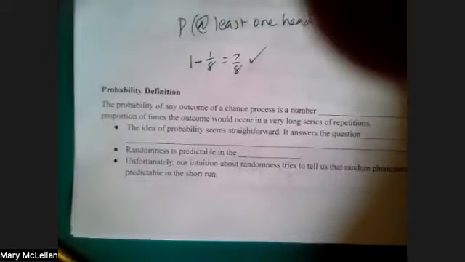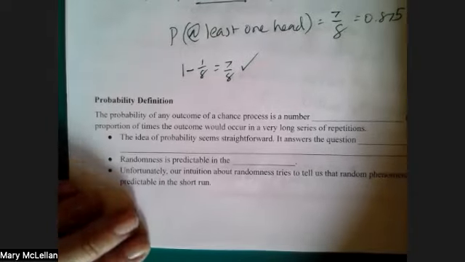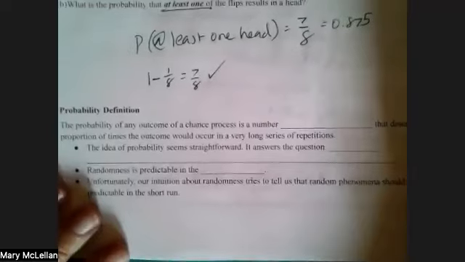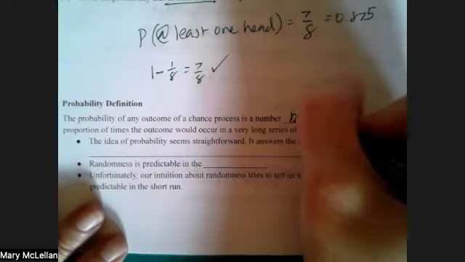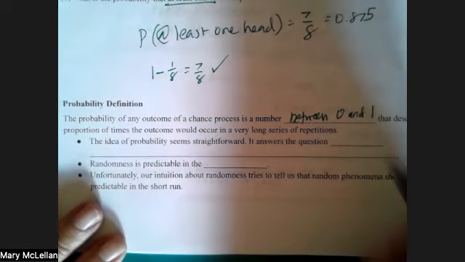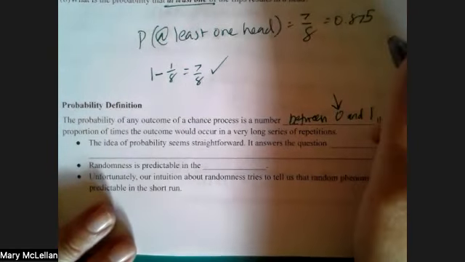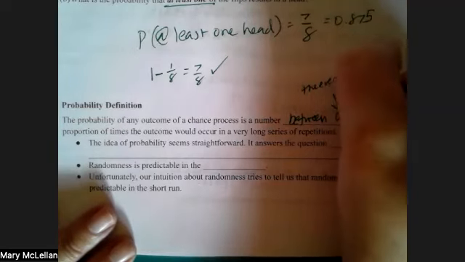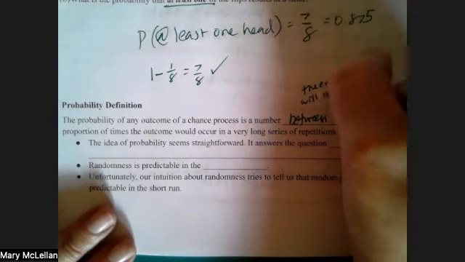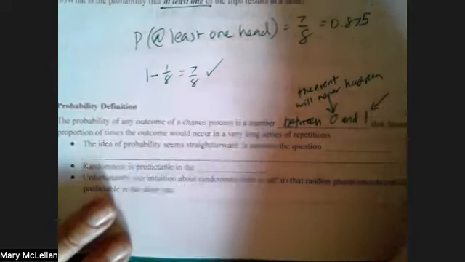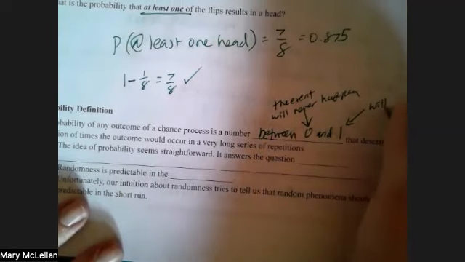Probability definition. The probability of any outcome of a chance process is a number between 0 and 1, where 0 means the event will never happen, and 1 means the event will always happen.